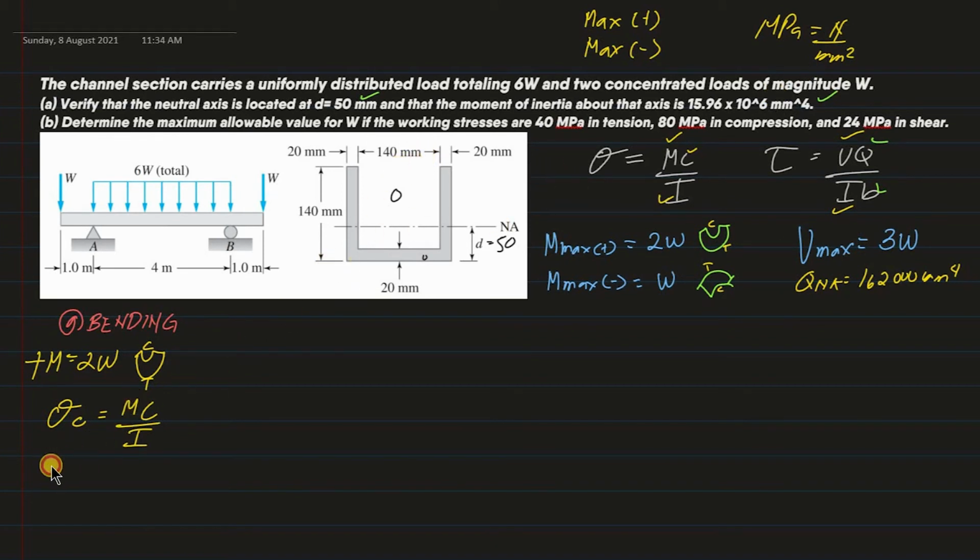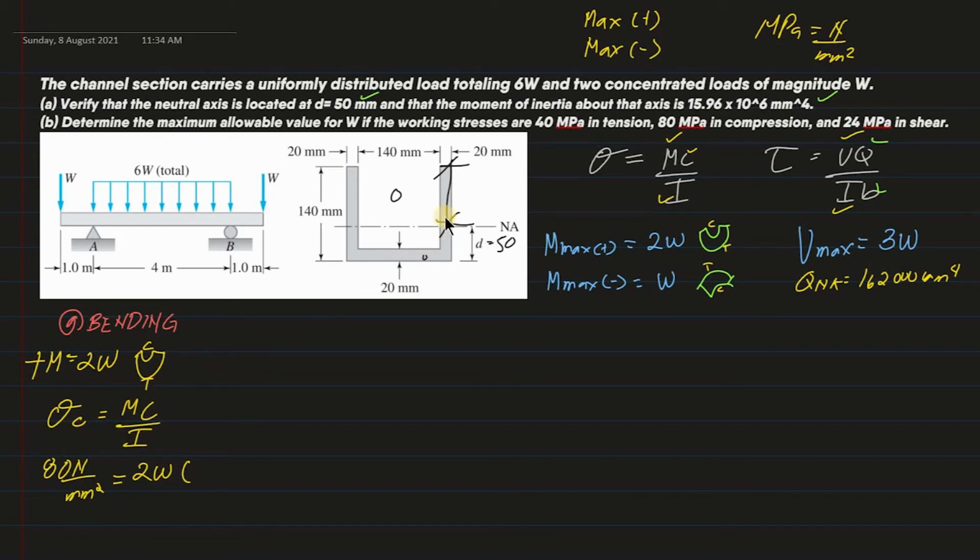So, 80 Newton per millimeter squared is equal yan mga bis sa, what's our M? Yun ulit, 2W. What's the value of our C? The value of our C is the distance mula sa neutral axis papunta sa top. Bakit sa top? Kasi alam natin na sa top yung location ng compression. Eh, di ba compression kasi yung sinosolve natin for now?